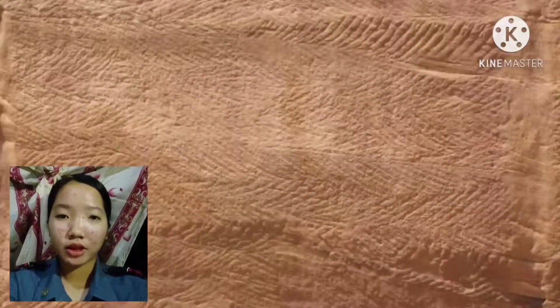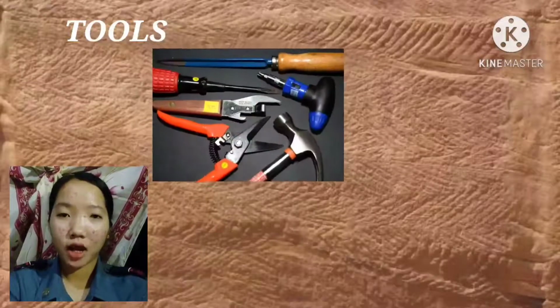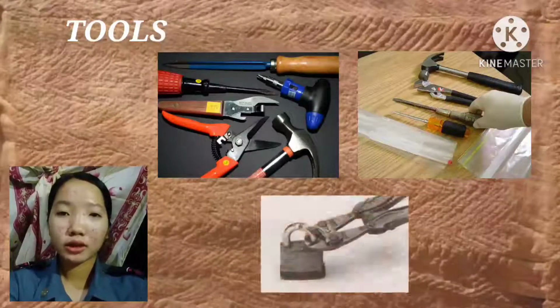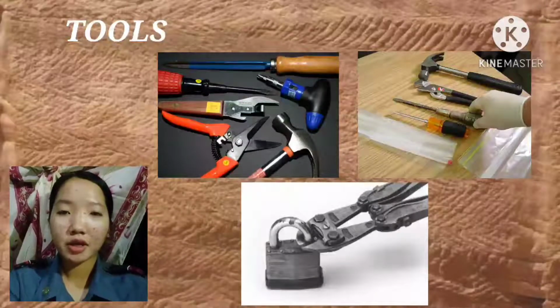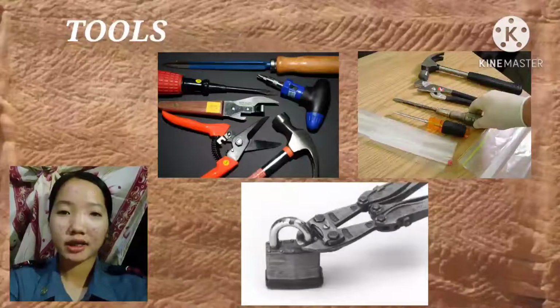So, let's start with the tools. Ito ay ang mga device na hinahawakan ng mga tao. Itong tools ay ginagamit sa commission of crimes or sa paggawa ng isang krimen. Ito ay ginagamit ng mga criminals para makapasok or makadamage sa isang property.